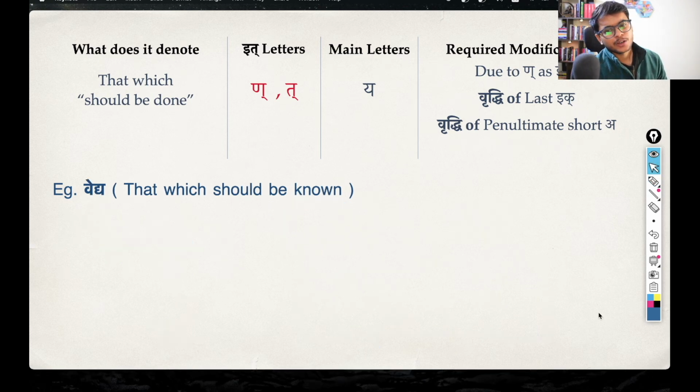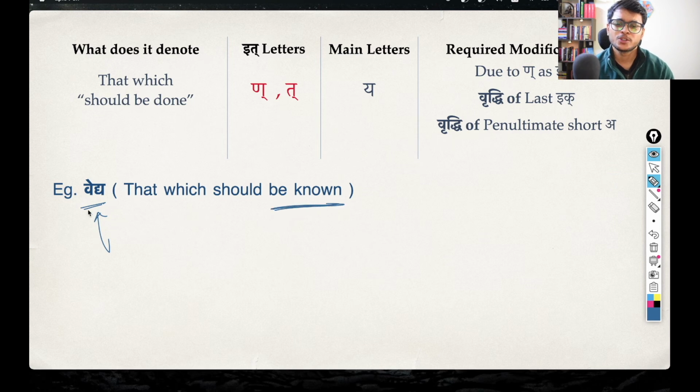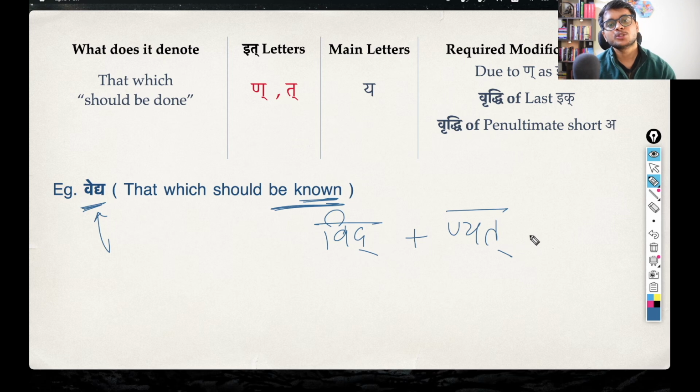Okay, and then moving on, we take one more example because this example is important. Why it is important, we'll see. The pratipadika is vedya, and vedya is that which should be known. Okay, so this vedya pratipadika, a lot of you can already guess, is coming from the dhatu vid dhatu. Vid dhatu means again to know. So vid is our dhatu here, and we are modifying this dhatu using nyat pratyay. And now let us see if the required modifications are possible.